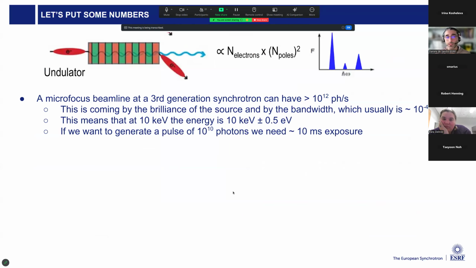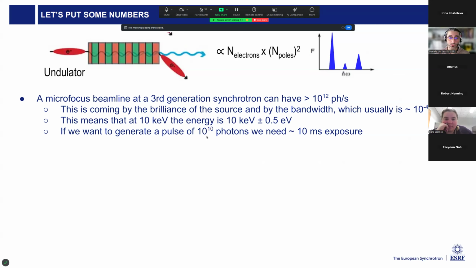So in a very simple calculation, we could approximately say that on a microfocus beamline built on a third generation synchrotron, usually we have a bit more than 10 to the 12 photons per second, which for MX experiments is limited by the bandwidth, which typically with silicon 111 is roughly 10 to the minus 4 delta E over E, which of course reflects at 10 keV an energy spread of about 1 eV peak to peak.